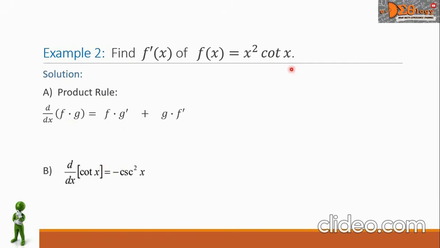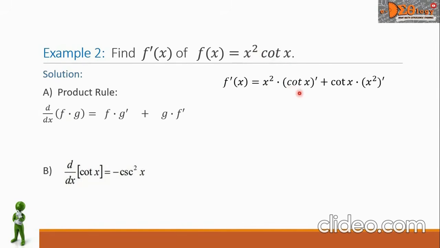Next is the derivative of cotangent x. So we have d over dx of cotangent x equals negative cosecant square x. For the computation of the derivative, we write now f prime of x equals, we copy this x squared here, times, we are going to show that we will take the derivative of cotangent x later.